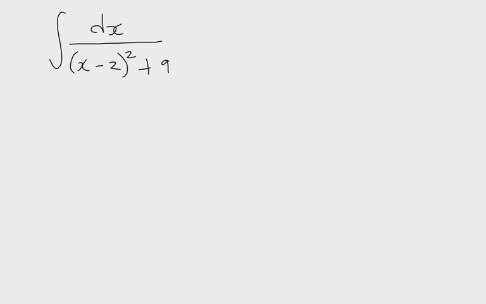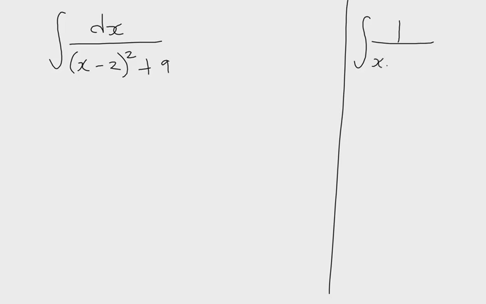Now this can be written as the integral of 1 divided by x minus 2 squared plus 9 dx. So now you can compare it with the integral of 1 over x squared plus a squared dx.